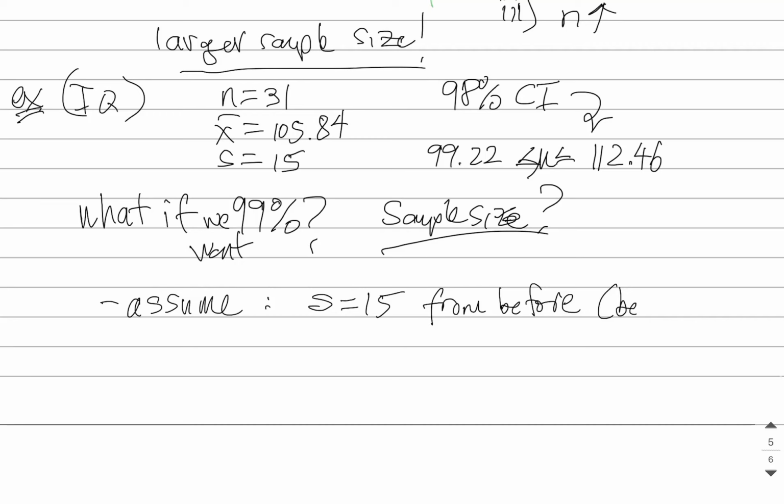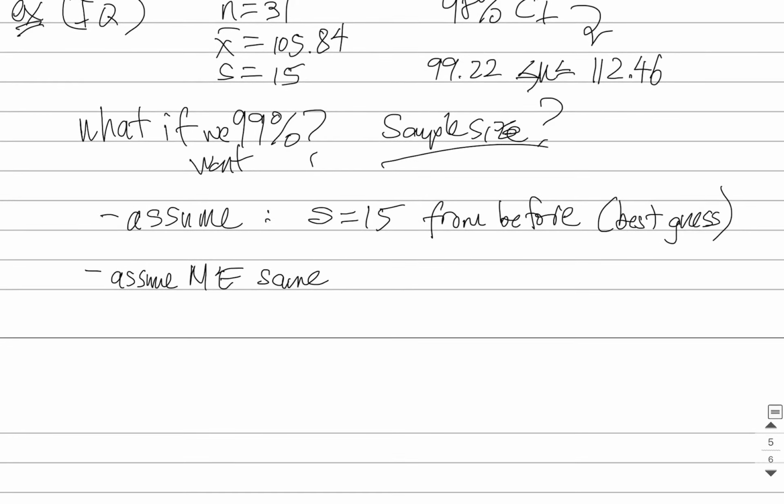There's not much option that we have other than to use previous information. We are also going to assume that the margin of error is the same. That means we need to calculate what that margin of error is.